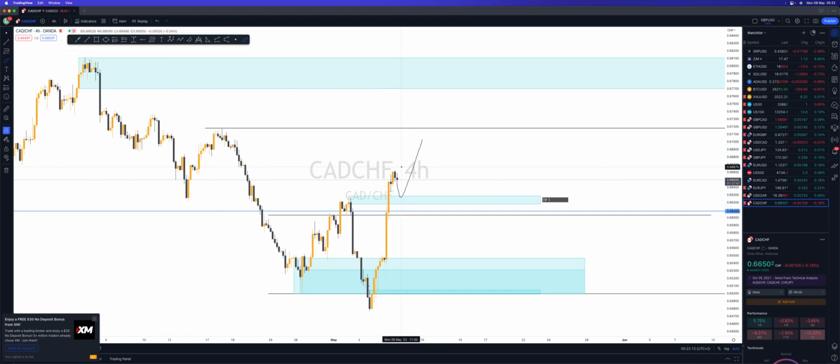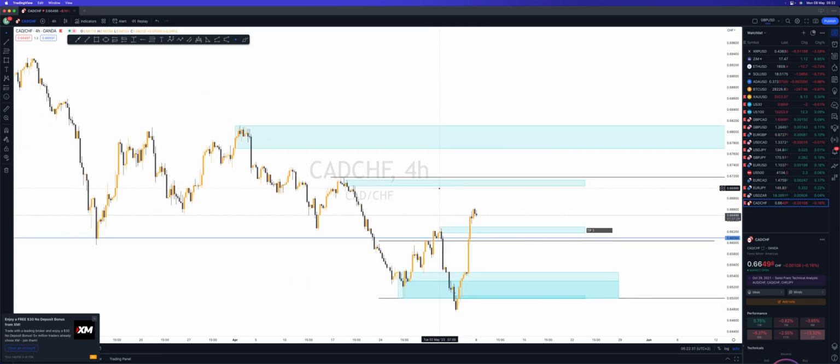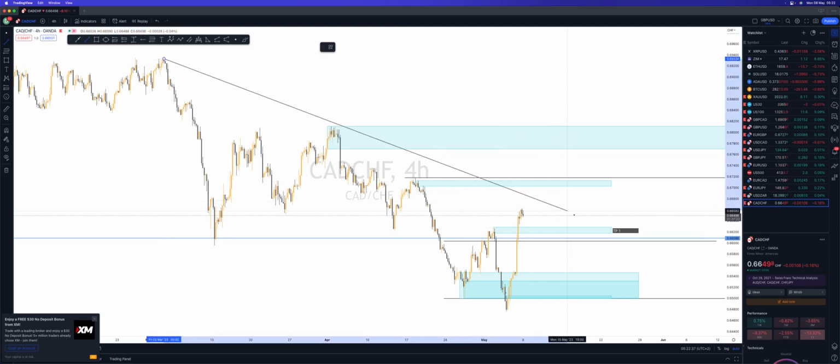I just want to clean that out as well, because we have untapped areas here, and then we also have very smaller, like this is what 4 hour time frame zones right around this area, which is the previous high we need to break. So a lot of potential on these pairs for the week. I mean, it's only Monday morning right now, so obviously we will check in on some more pairs as the week goes by.